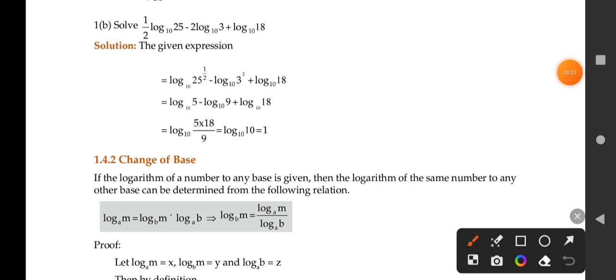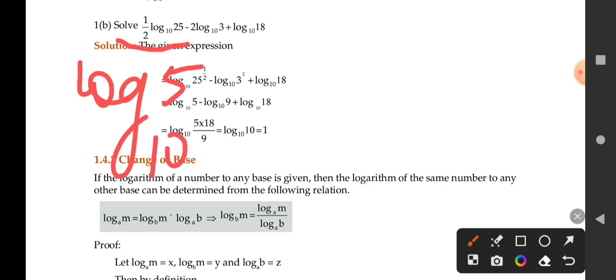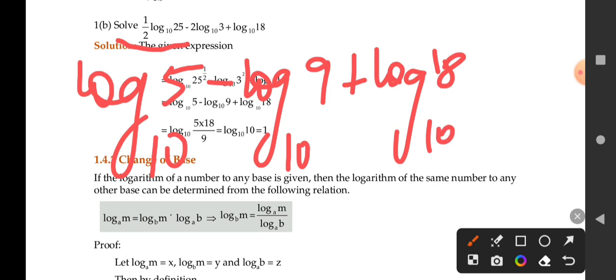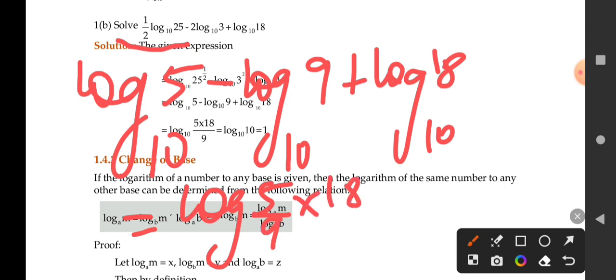We have the first term, log 5 to the base 10, since we can take half inside the log. Then minus log 3 square means 9 to the base 10 plus log 18 to the base 10. Now the negatives get divided and the positives get multiplied. What do you mean? Log 5 divided by 9 into 18 to the base 10.